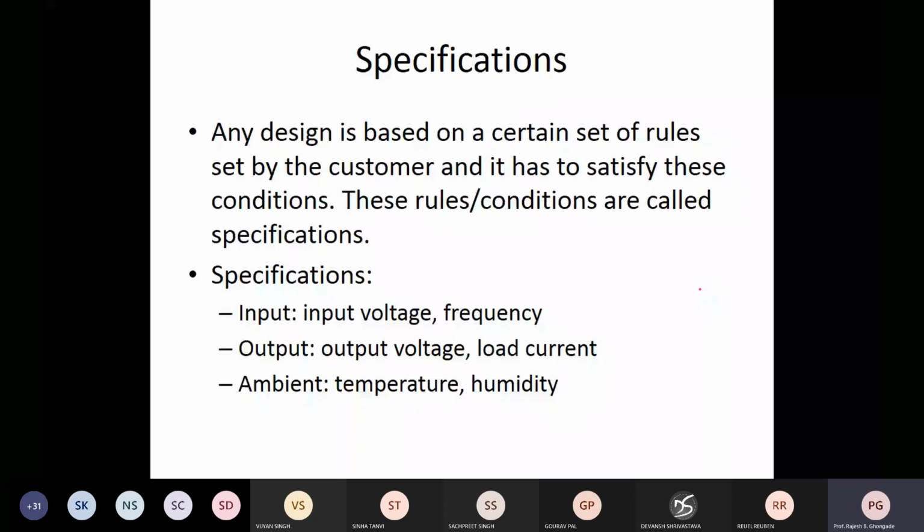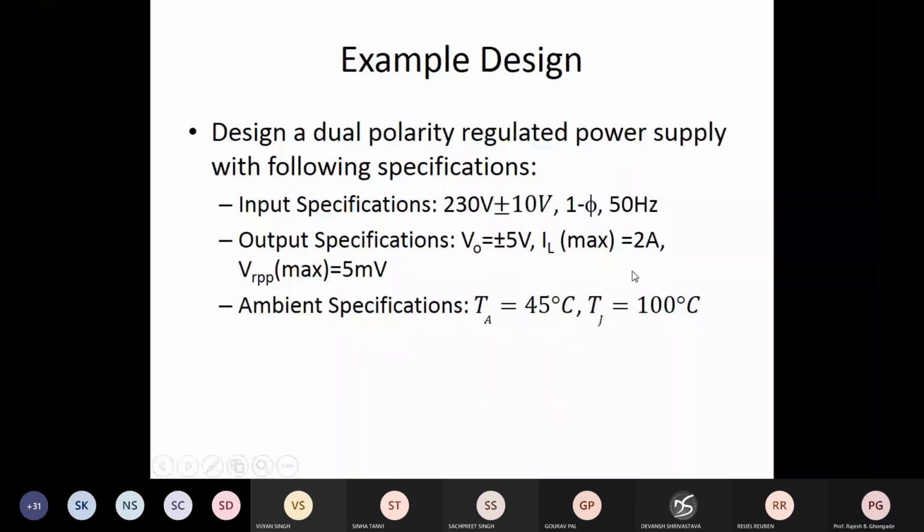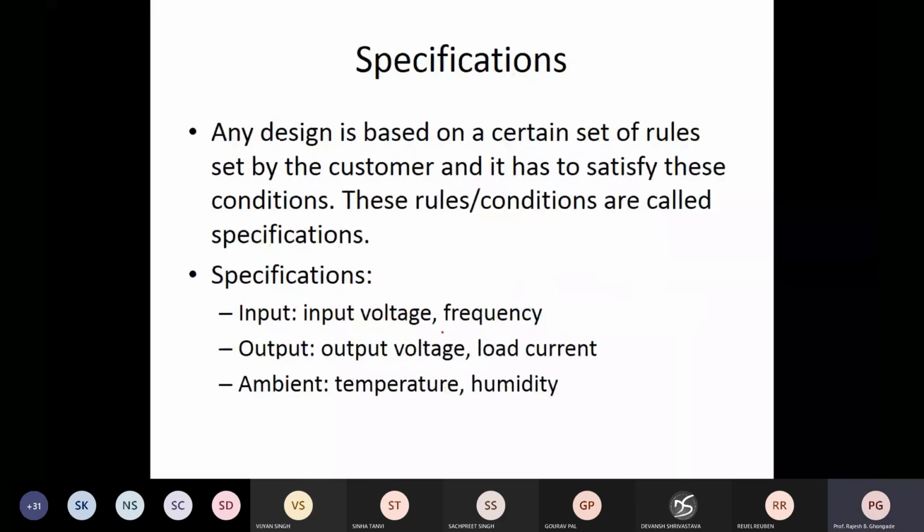Output is output voltage, load current, and of course there is one more thing, and that is the maximum ripple allowable. And then the ambient conditions, like temperature and humidity.